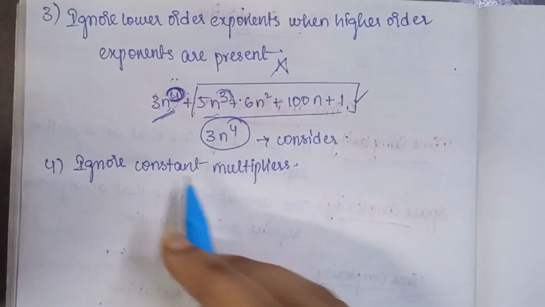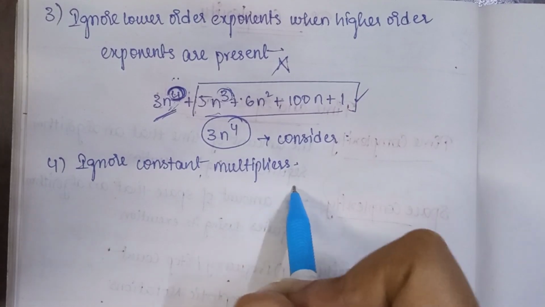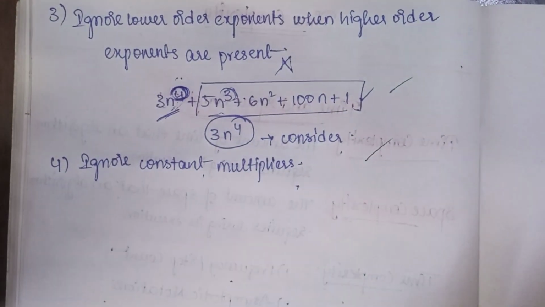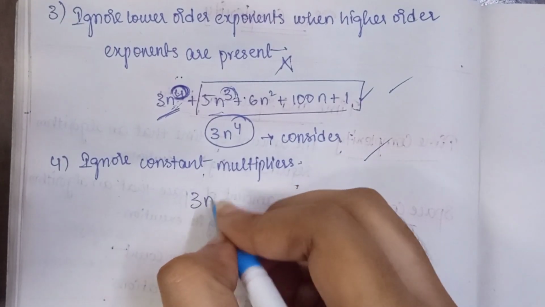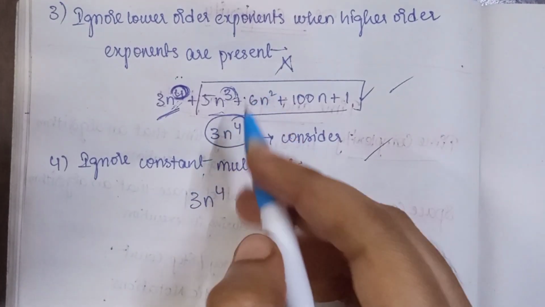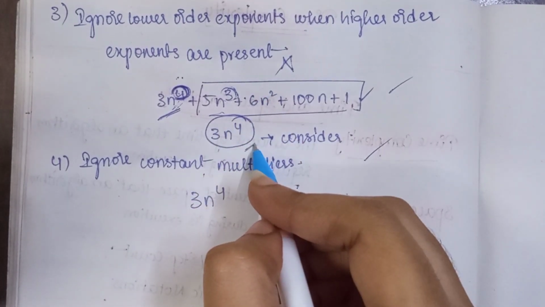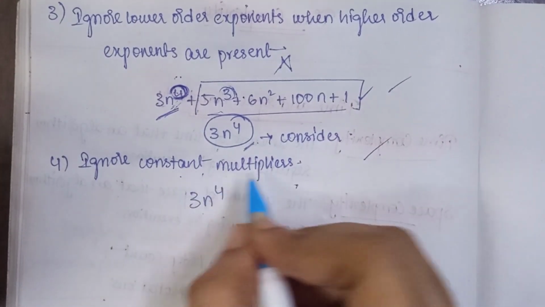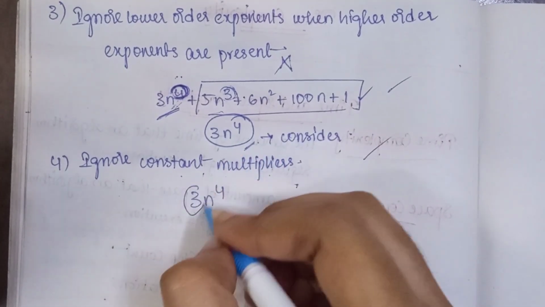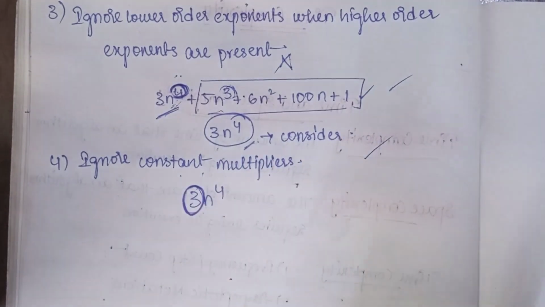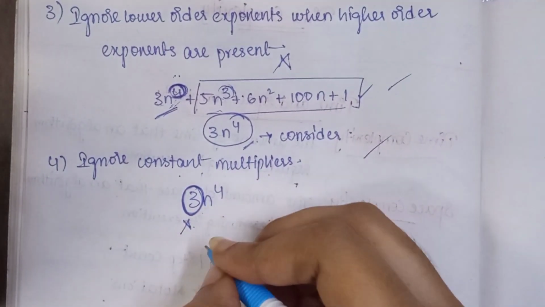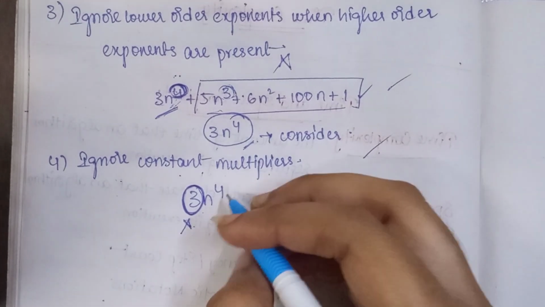And what is the fourth rule? You should ignore constant multipliers. The third rule and the fourth rule are interconnected. According to the third rule, I am considering higher order exponents, but in the fourth rule, you need to ignore constant multipliers. Here 3 is the constant multiplier. If I ignore this 3, what will be my time complexity?